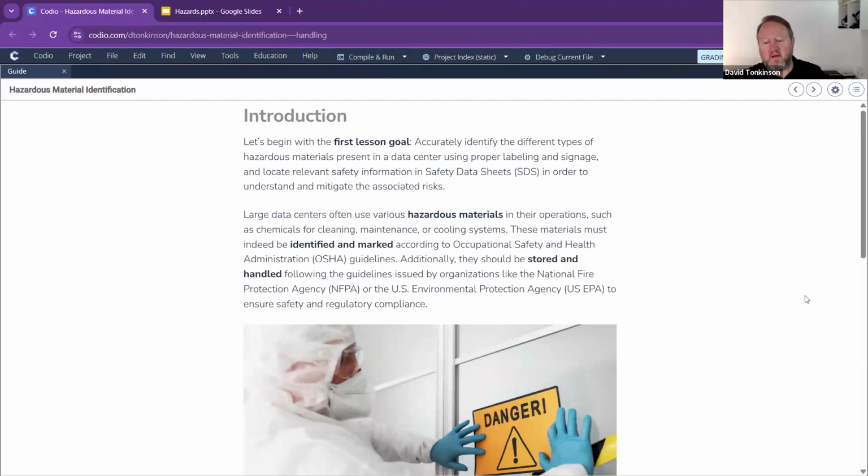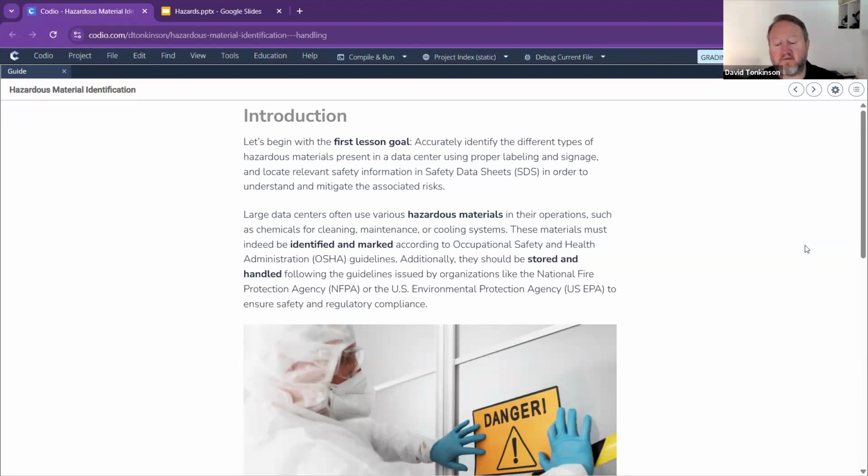Okay, so within large data centers, we do know we use a variety of hazardous materials, as you very eloquently added into the live chat there. So these can be things such as the coolant for maintenance, systems and materials that need to be identified and marked accordingly. Okay, there is a whole plethora of regulations around this.